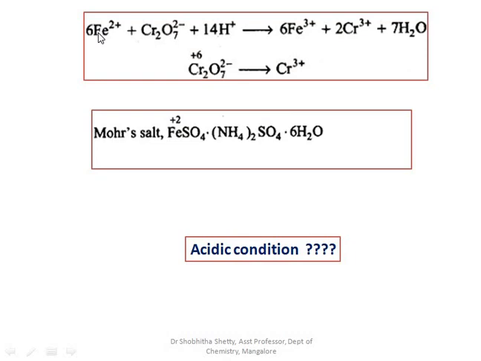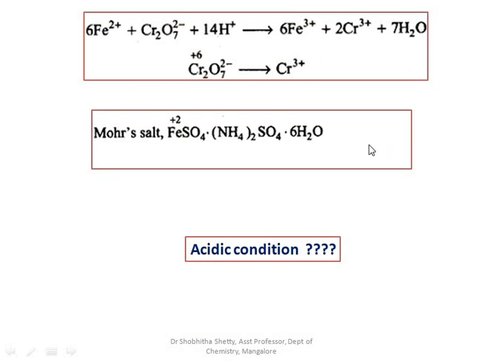So in the beginning the potential was with respect to the concentration of Fe2+ and Fe3+ ions, and after the equivalence point or the end point, the potential is with respect to the dichromate ion, and the already reduced Cr3+ ions that are there in the solution. So the potential will be with respect to the chromium system.